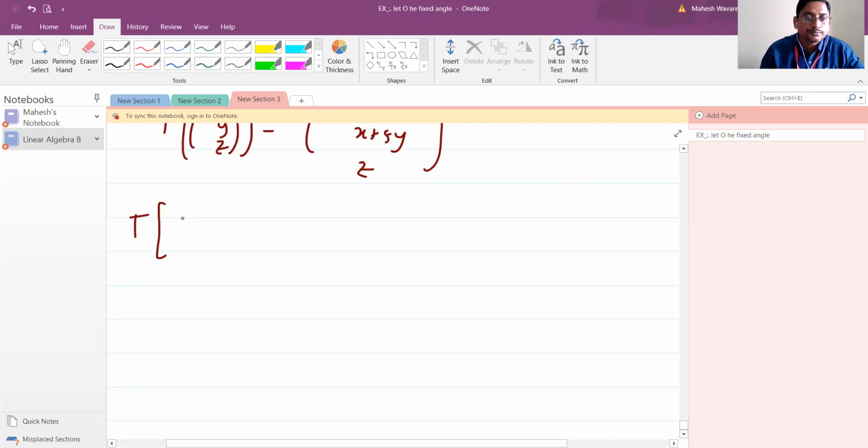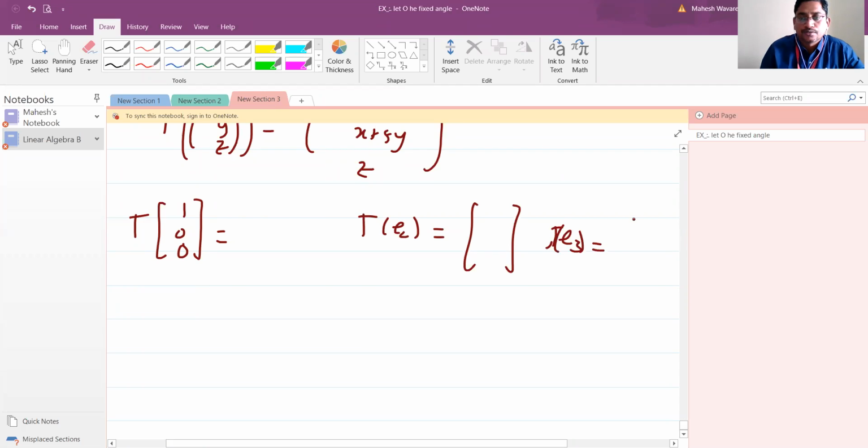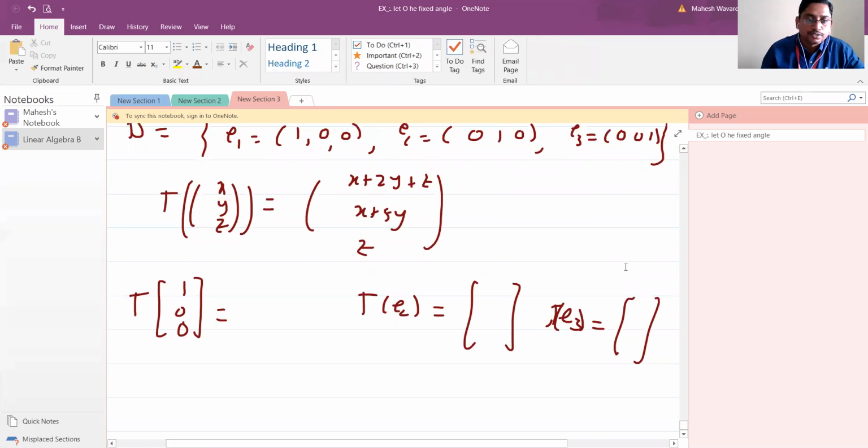So this is T of E1, T of E2, and T of E3 is the last. Just put x equal to 1, the rest all 0 in this. X is 1, rest 0. Y is 1, rest 0. Z is 1, rest 0.